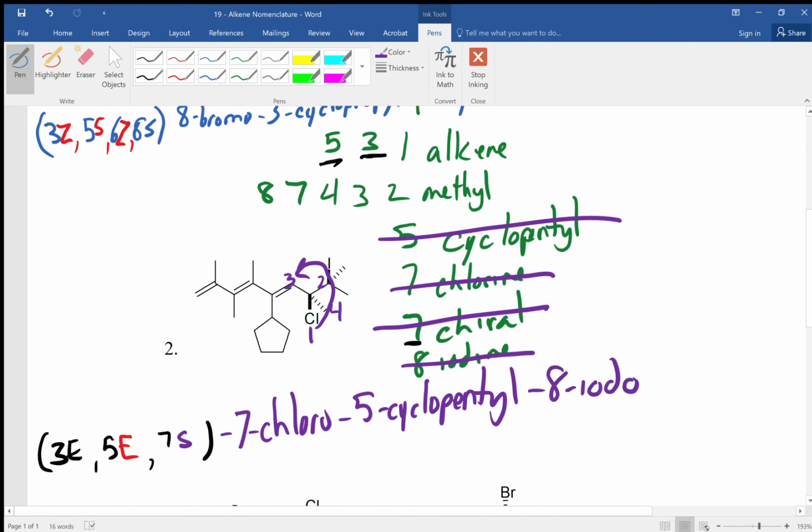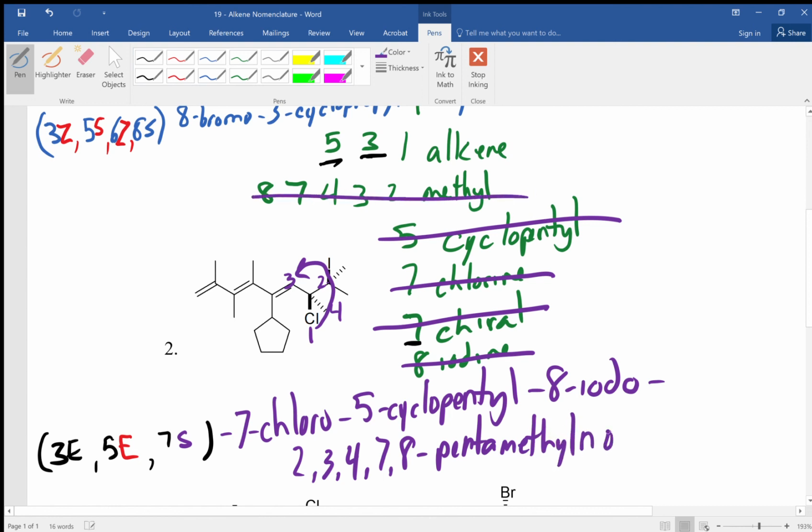And then we have all these methyl groups. So there's 5 of them. So that's pentamethyl. And finally, nona-1,3,5-triene.